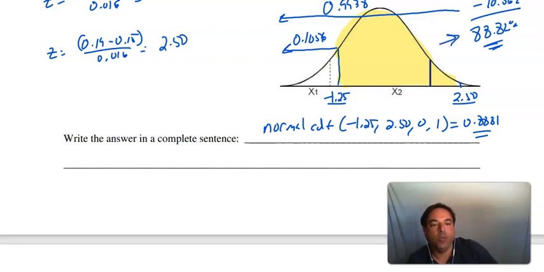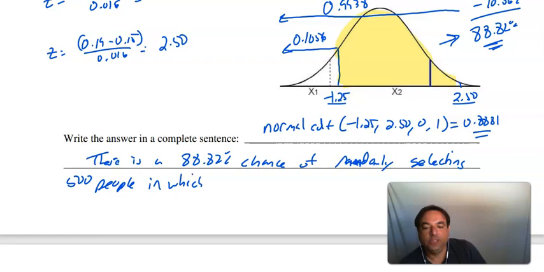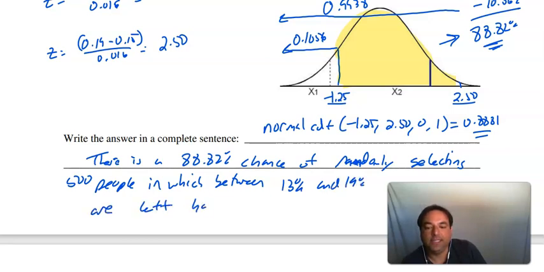Okay, so I'm going to write it using the one we got by hand. There is an 88.82% chance of randomly selecting 500 people in which between 13 and 19% are left-handed.